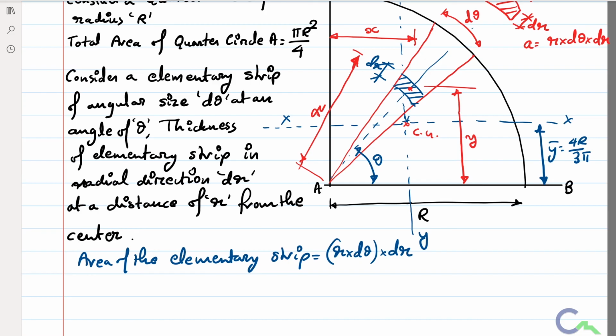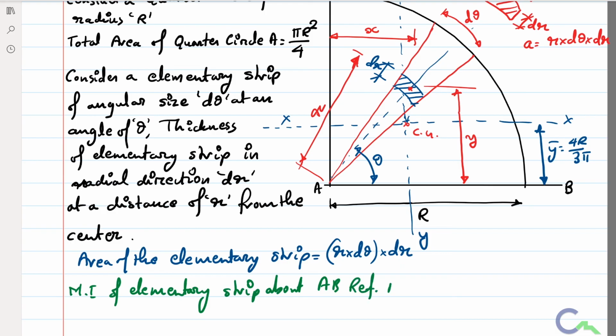Now if I want to calculate the moment of inertia of the elementary strip about the AB reference axis, that is nothing but the area of the elementary strip into distance square.